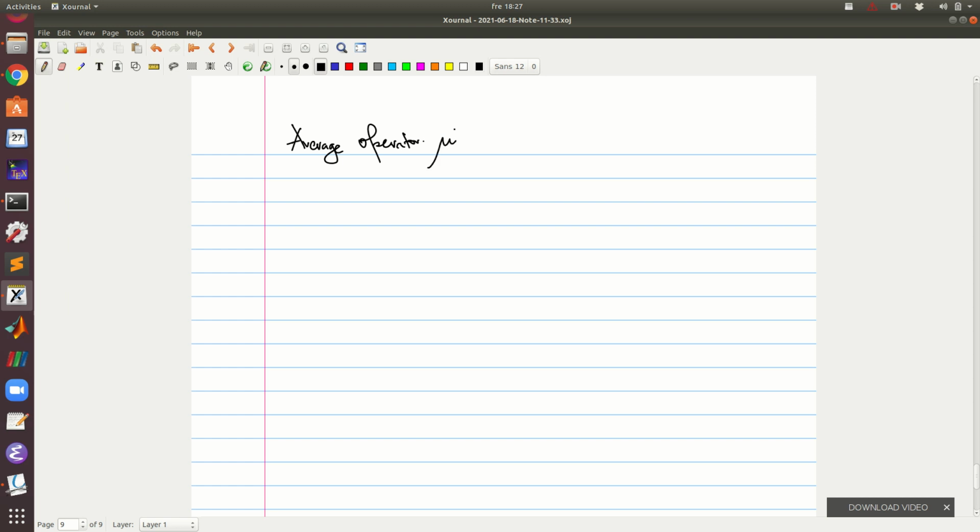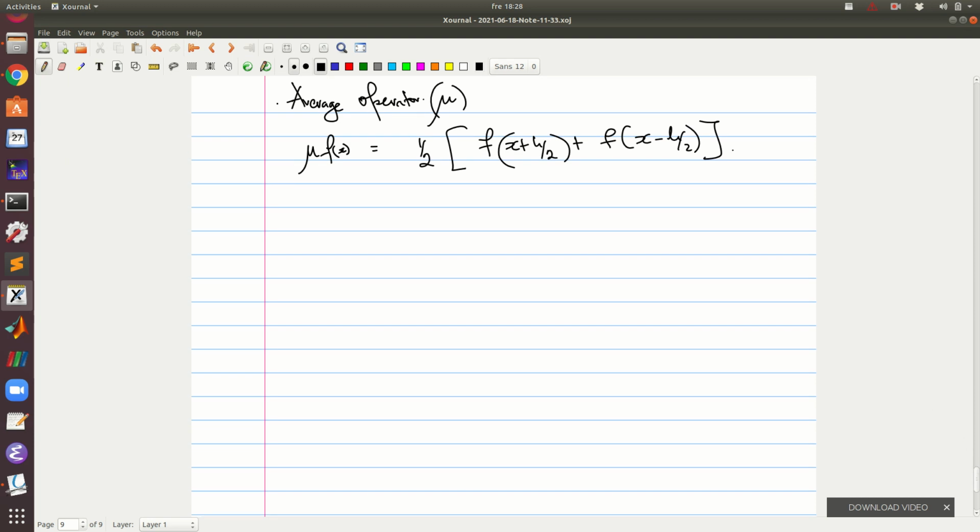It is denoted by the symbol mu, and the average operator mu of f at x is defined as 1/2 multiplied by f of x plus h over 2, plus f of x minus h over 2.